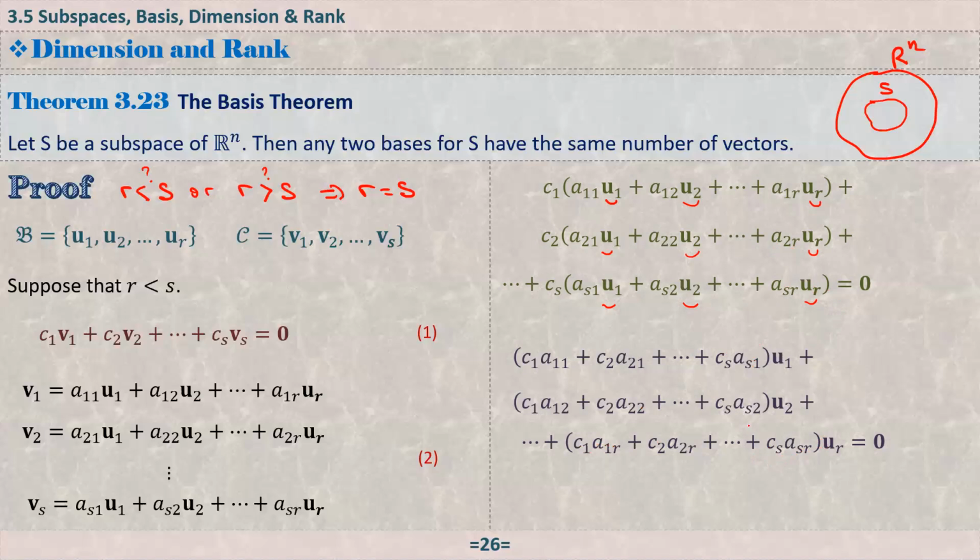Now what we have here, again, is a linear combination of U1, U2, UR, right? And we know that since B is a basis for the subspace S, these vectors are linearly independent. And the only way their linear combination is equal to the zero vector is if each of these coefficients is equal to 0.